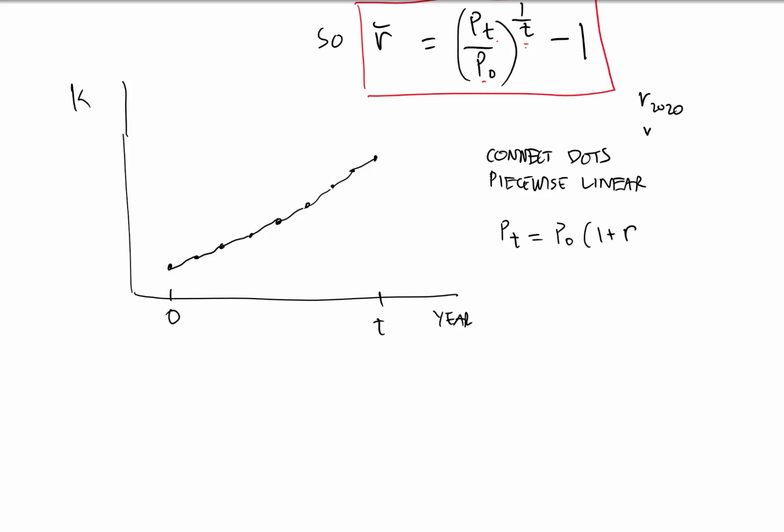If I just write down R, then I'm going to be talking about the average growth rate over a period. So if I have a subscript that indicates the year, then this is going to be an annual growth rate. If I omit the subscript, that's going to be the average growth rate. So I'm going to say P of t equals P0, 1 plus R, that's the average growth rate, to the t.